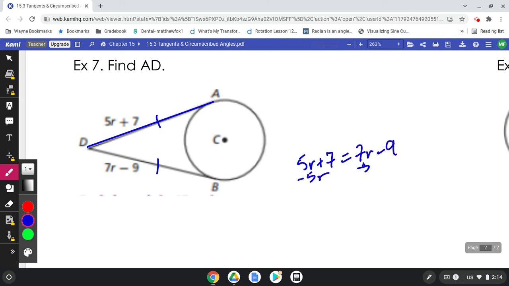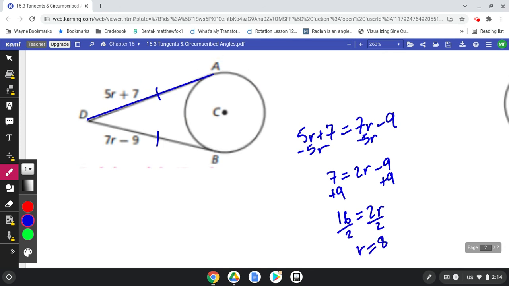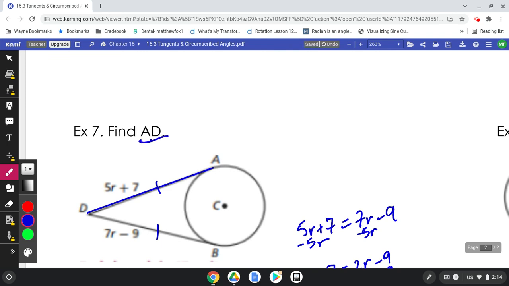Subtract the 5R. Add 9. Then we divide by 2. R equals 8. Now we'd be done, except it asks us what AD is.